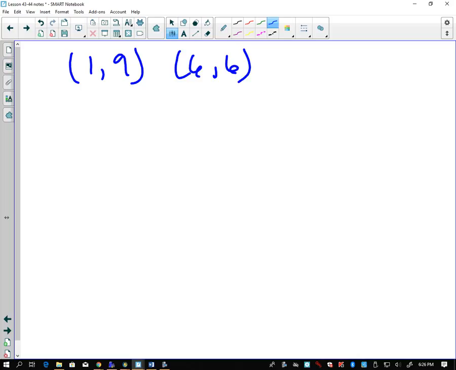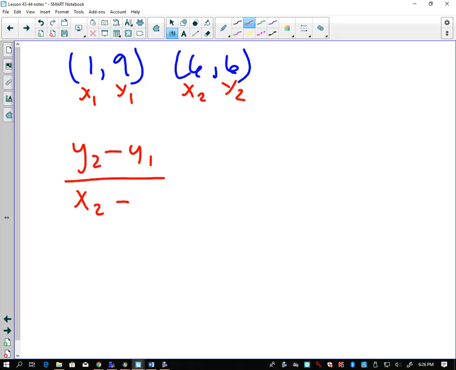It wants the slope. I'm going to go ahead and identify these as x1, y1, x2, y2. We're going to do y2 minus y1 over x2 minus x1. Now we're just going to substitute. So 6 minus 9 over 6 minus 1.